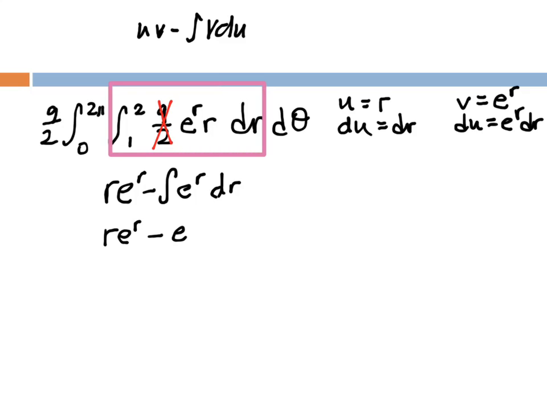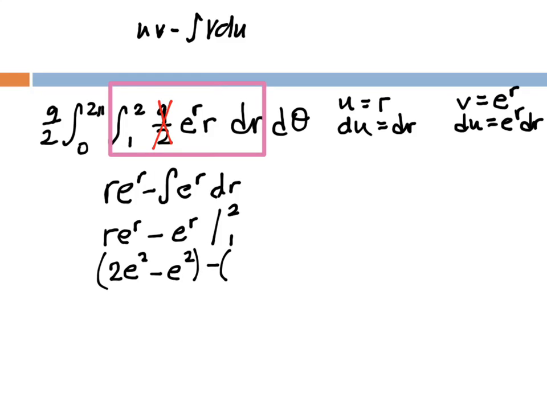So what would that be? Just minus e to the r. And I'm supposed to be evaluating this from 2 to 1, right? Yep. Okay, evaluated at 2, what do I get? e squared plus 2e squared minus e squared.